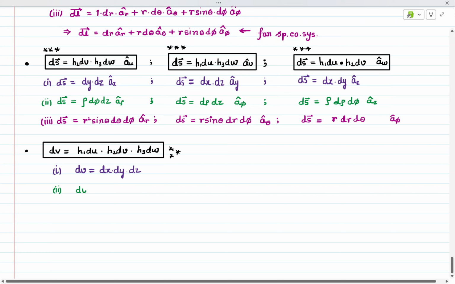Now, the dv in case of the cylindrical coordinate system. This was all about the Cartesian coordinate system.